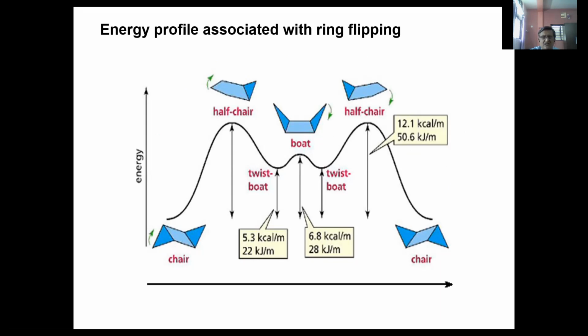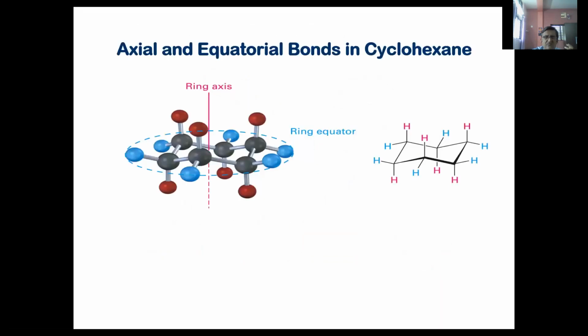One more important terminology which reveals the stability of these conformations of cyclohexane: the hydrogens, or bonds, have been classified as axial and equatorial bonds. This is an equator. Those bonds which are projecting towards the ring equator are called equatorial bonds.